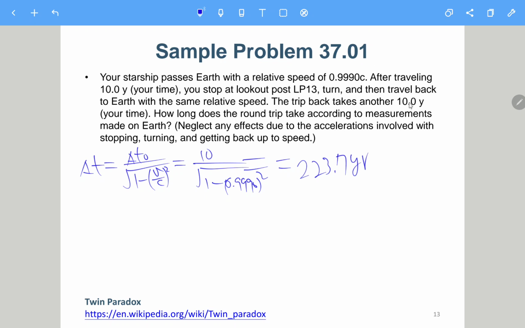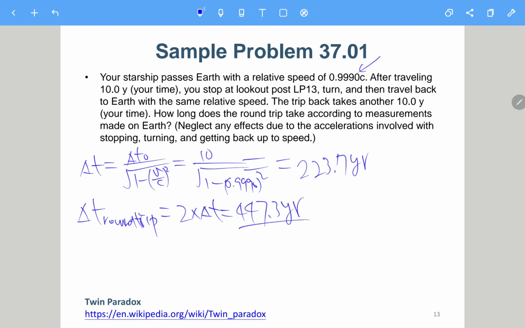Even though it takes you 10 years on the starship to travel from Earth to that post, on the Earth actually 223.7 years passed. And then the delta t round trip is 2 times delta t, which is 447.3 years.